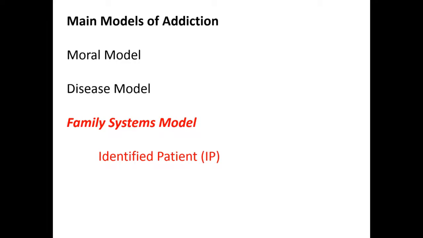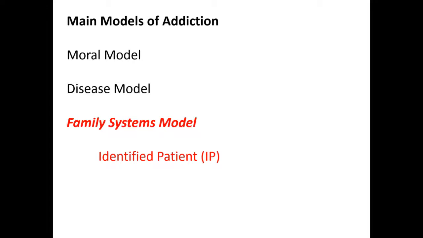From that perspective, addiction can be seen as resulting in this important term we call the identified patient, meaning that things that emerge in a system, diagnoses like addiction or mental health issues, may likely be a function of how that network, that group, that family functions together.